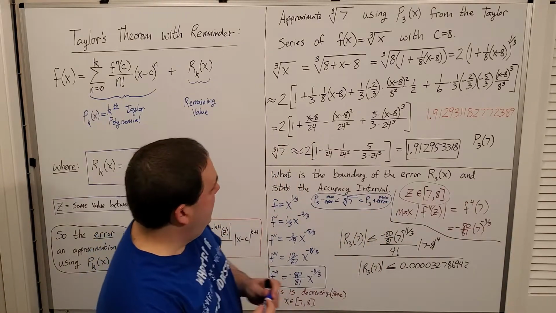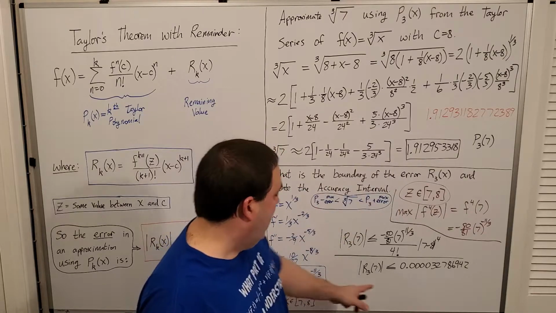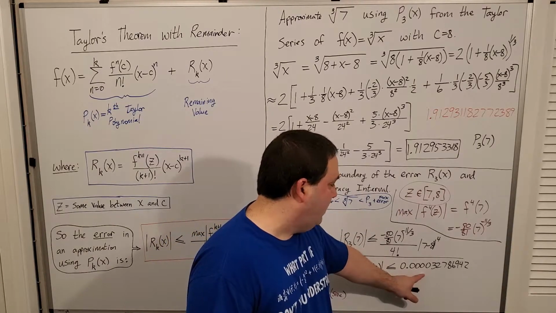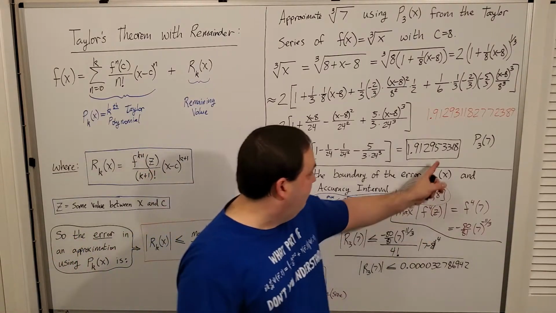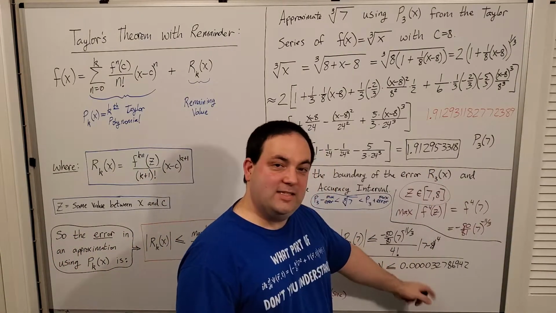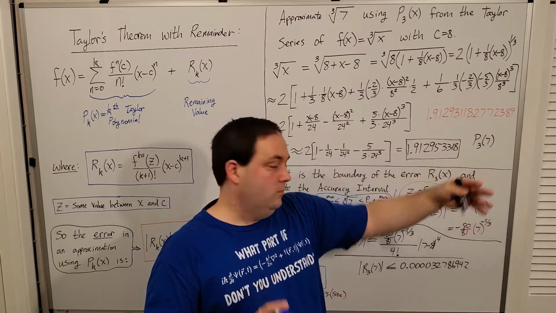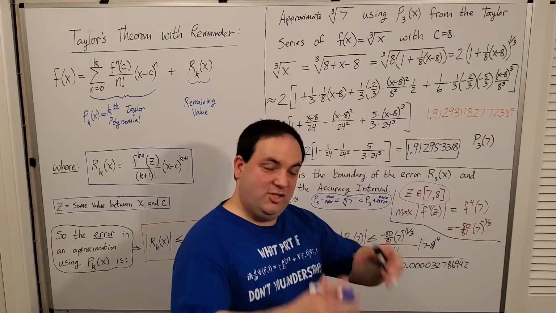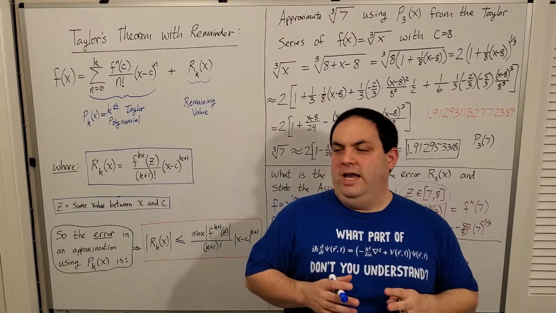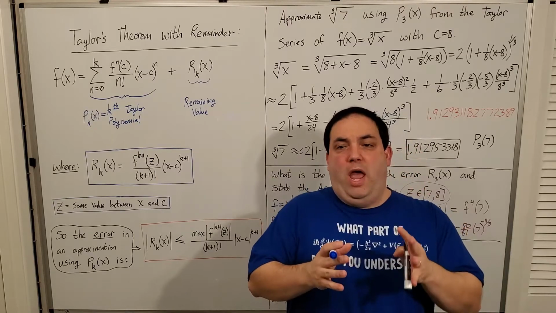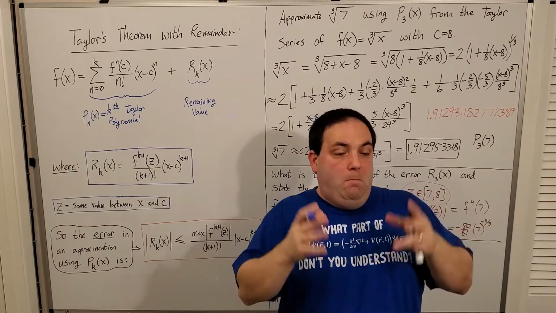So if you take the P3 of 7 that we found, and I subtract this from it, that's how far down it could go. And if I take this approximation and add this error, that's how high it could go.